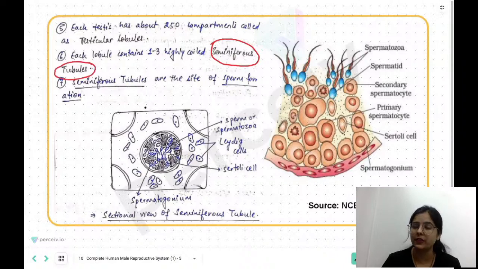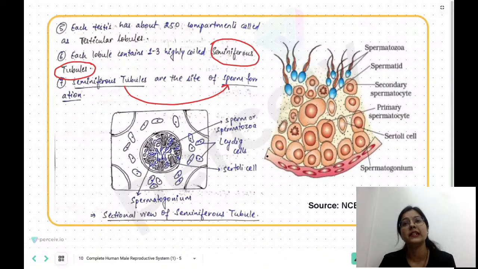Now why are seminiferous tubules important? Because seminiferous tubules are the main site of sperm formation. That's why we are going to study the section as well as the model of the seminiferous tubules.